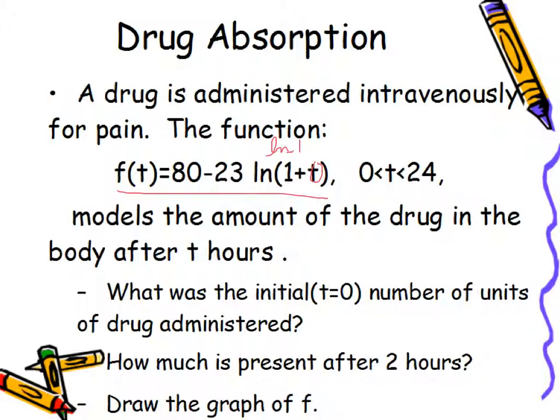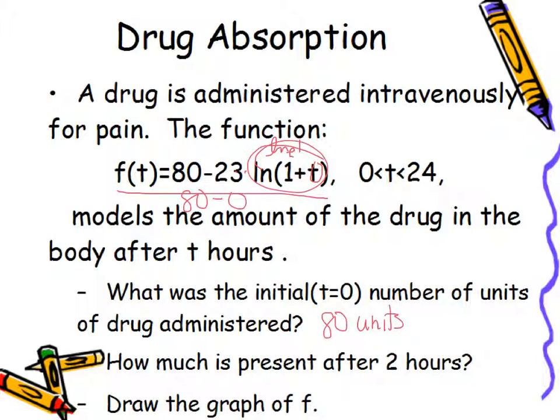So even though this is an e, I'm saying e to what power gets me a 1. So this whole thing right here ends up being 0. Times the 23 is still 0. And so we end up in the end with 80 minus 0, which is just 80. So that's my initial number of units, 80 units.